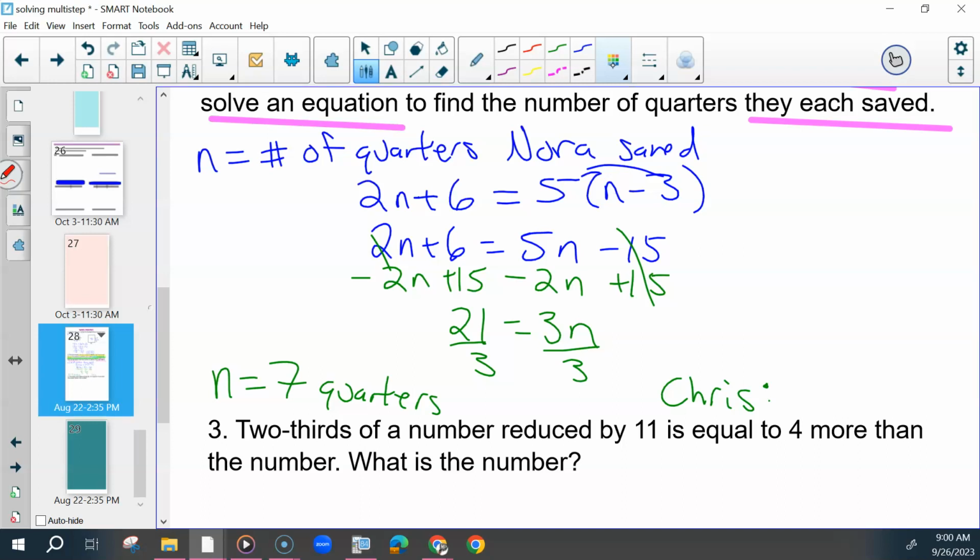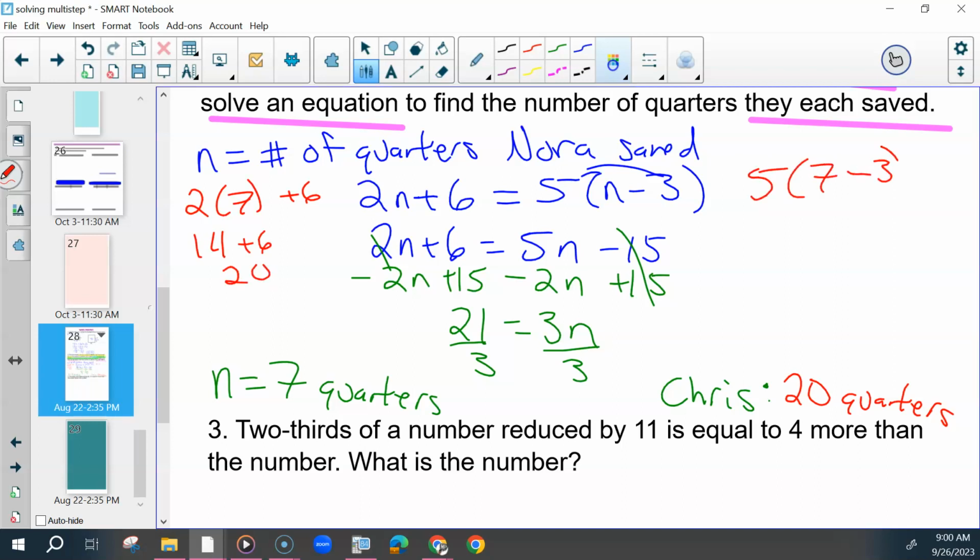What was that number? So we should have gotten 20 on both sides by putting 7 into either side. Questions on that one?